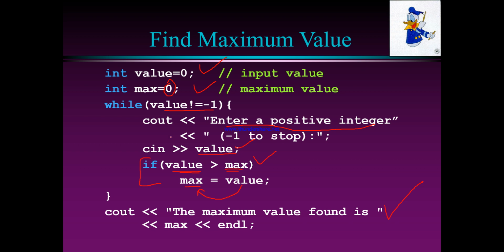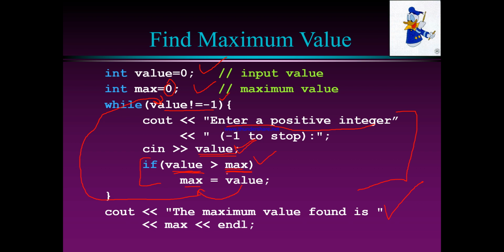Now the execution will come to the condition where value is 2, so 2 is not equal to -1, yes, so the condition becomes true, and this body will again execute. The user will be asked again to enter the value into the value variable. This time, for example, if someone gives -7, so is -7 greater than 2?